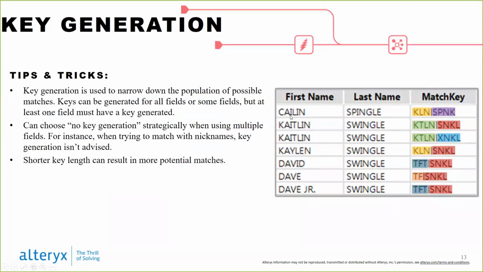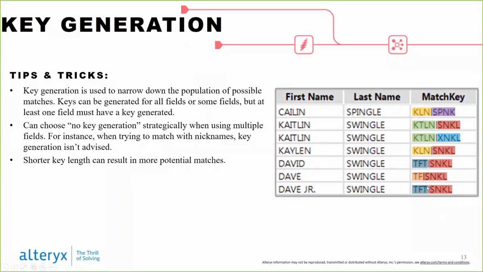So for a name like Kaylin, which is the actual way you might spell her name, a lot of people over the phone might hear her say Caitlin and enter that into their system. And you can see from how the key is being generated that it's generating a key for the first name, KTLN, whereas Kaylin would just be KLN, right? So these two fields would not match to each other just simply because the keys don't match.